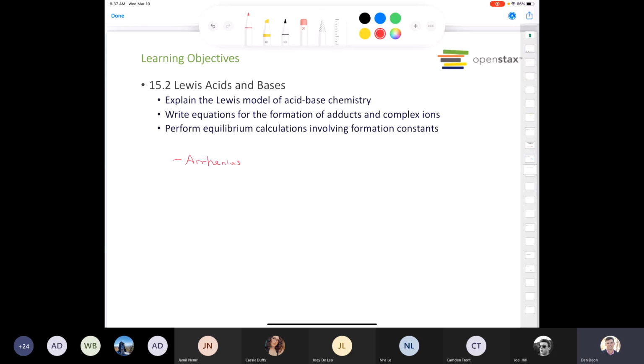And for Arrhenius, an acid was something that when you put it in solution, it made H plus or H3O plus, same thing, okay? But it produced acid. And then Arrhenius said that a base is something that when you put it in water, it makes hydroxide, right? So acids would be things like HCl, the base would be something like sodium hydroxide, for example.